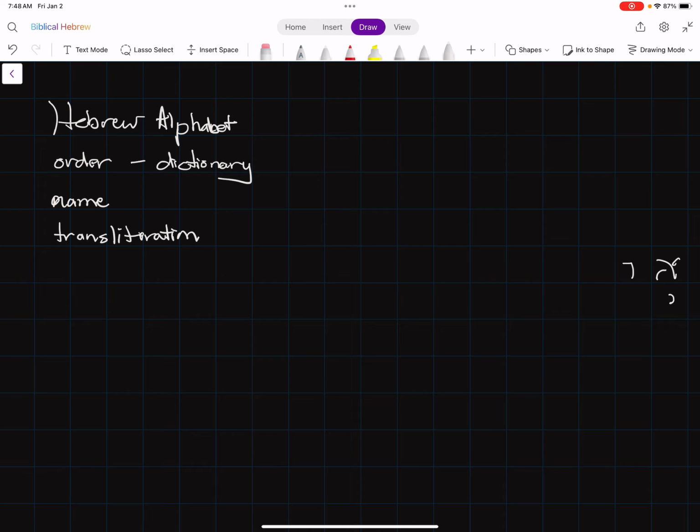Then you have Bet with the B, Gimel, G, Dalet, D, Hey, H, Vav, W, Zayin, Z. Het is an H with a dot underneath it. Tet is a T with a dot underneath it. Yud, Y.